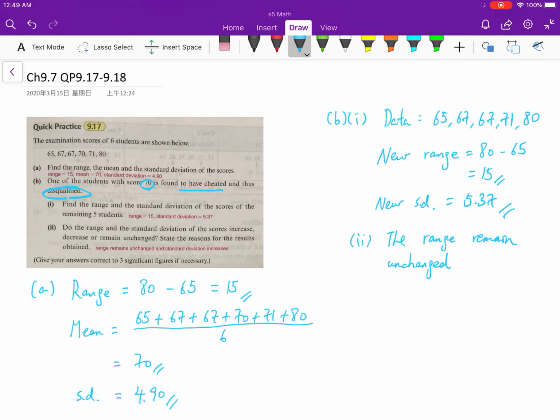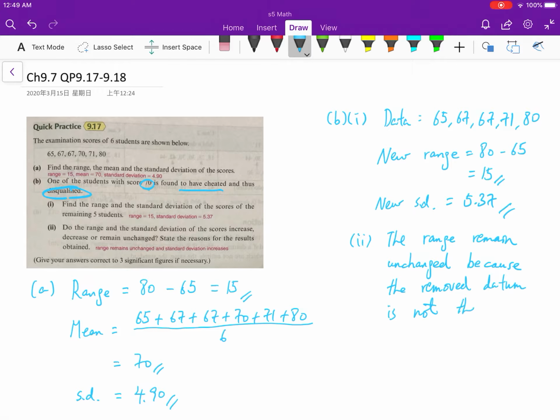Can you answer why it is unchanged? Which datum is now removed? Yeah, the datum is the middle one, right? So because the removed datum is not the largest or smallest, it is not changed.